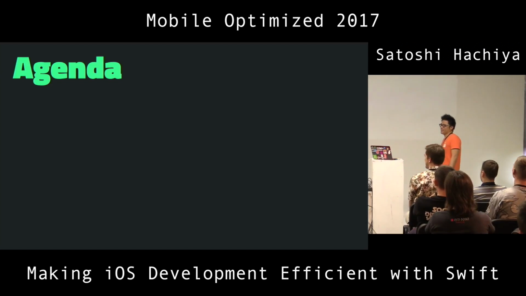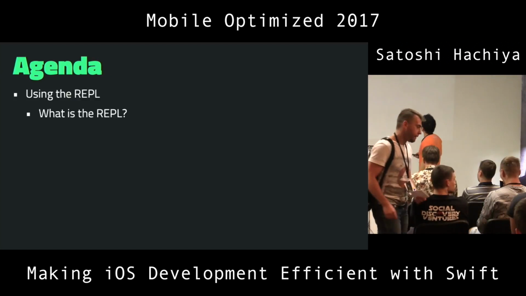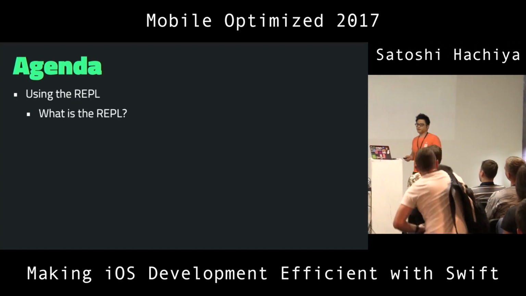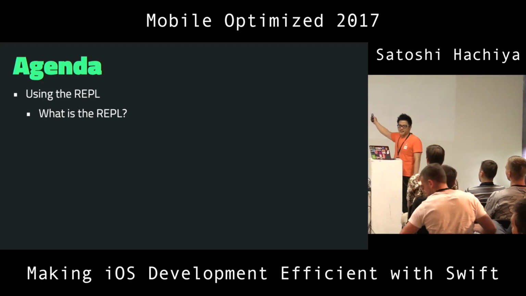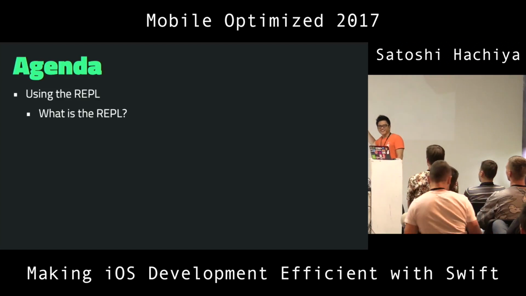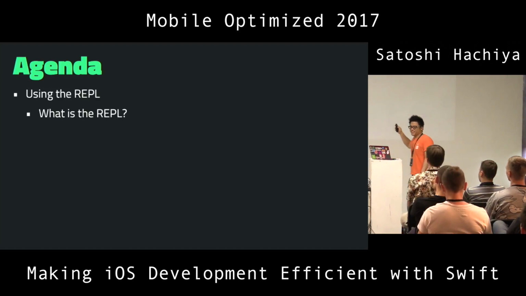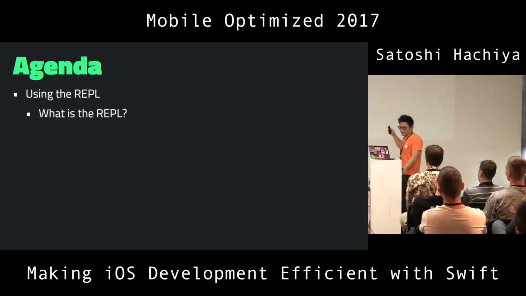In this talk, I talk about approaching the practical use of Swift. By the way, how can I pronounce the REPL in English? In Japanese, we pronounce it differently, but in this talk, I call it REPL.